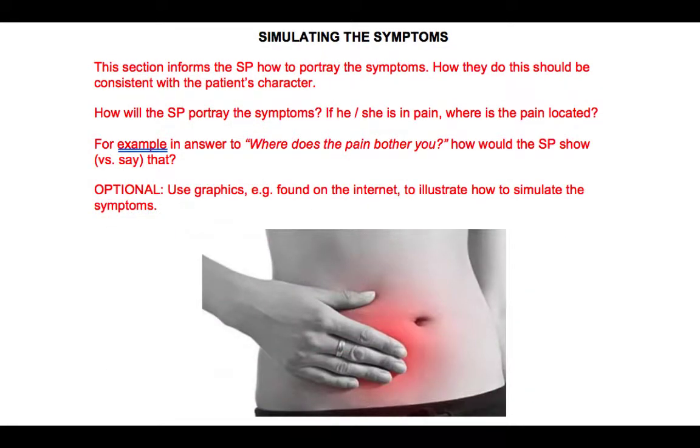Finally, simulating the symptoms. How will the SP portray the symptoms, and which would be consistent with the character they're portraying? Is he or she in pain, and where is the pain located? So I'd like to, again, use graphics to complement any written description of the problems.